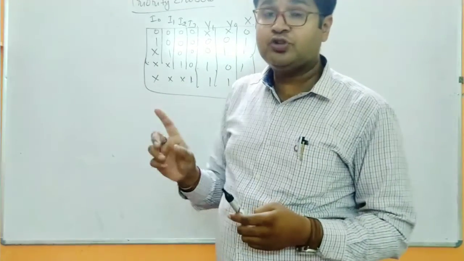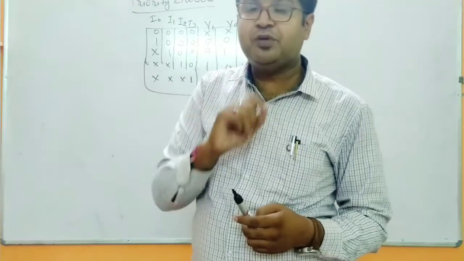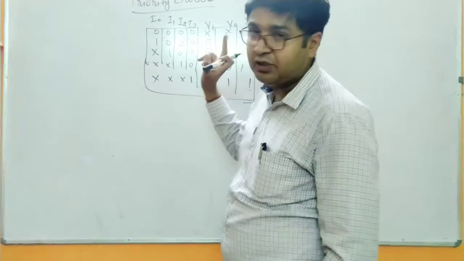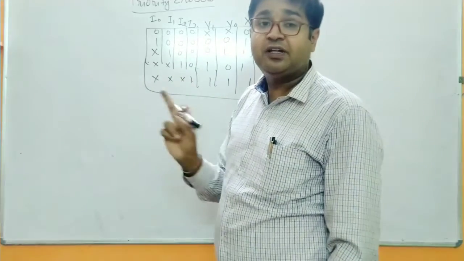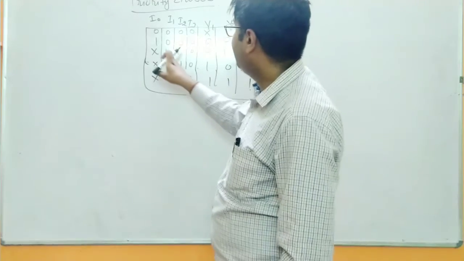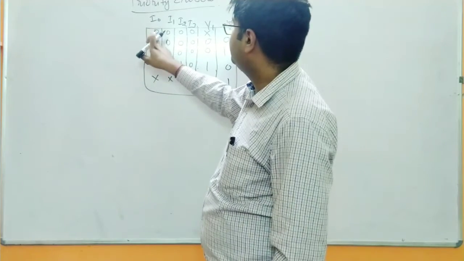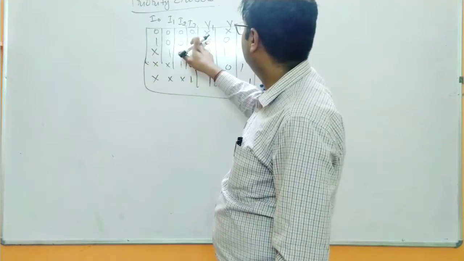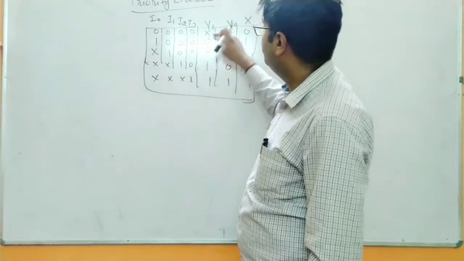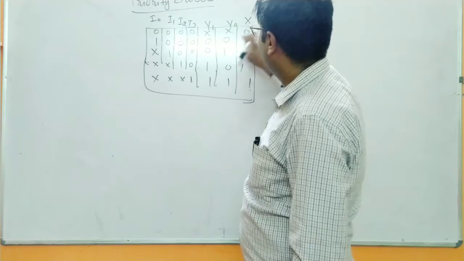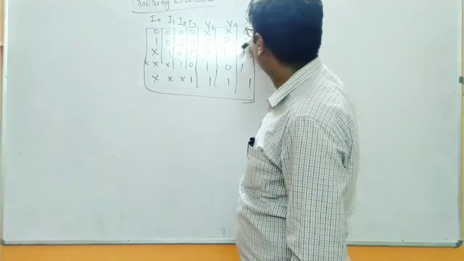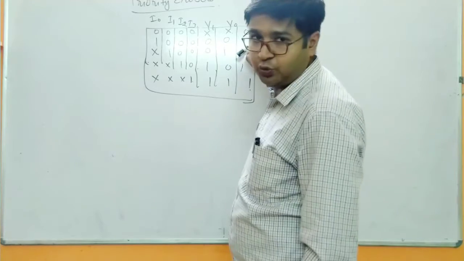But if you want to set a priority for a particular input, how are you going to do it? In this priority encoder, you will put the priorities on inputs. Like if all inputs are 0, then regardless of the other information, Y1 and Y0 will not have any kind of previous information, and this X is 0.